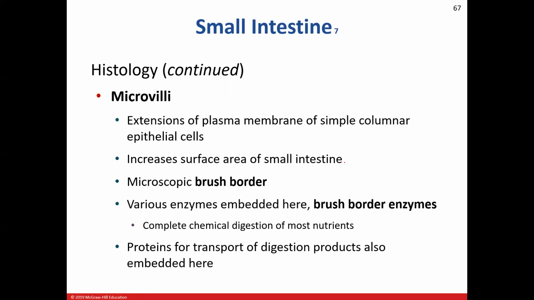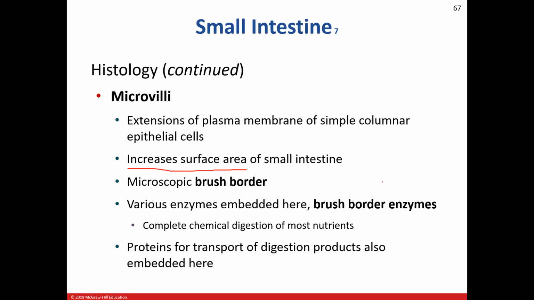The non-ciliated simple columnar epithelium are going to have microvilli, which are specialized extensions or modifications to the plasma membrane of the cell. And again, their main job is to increase the surface area for absorption.